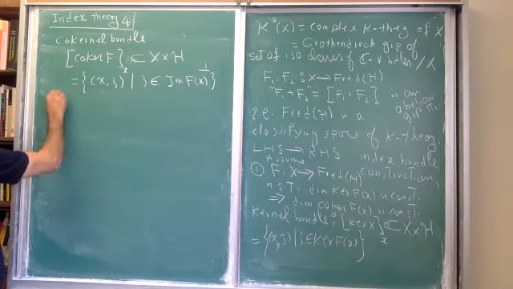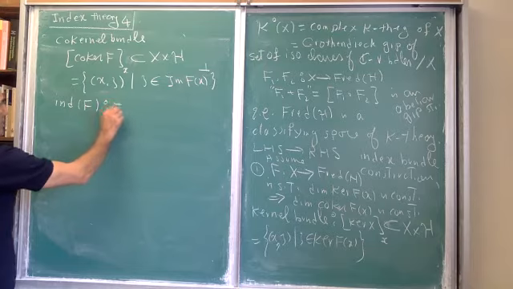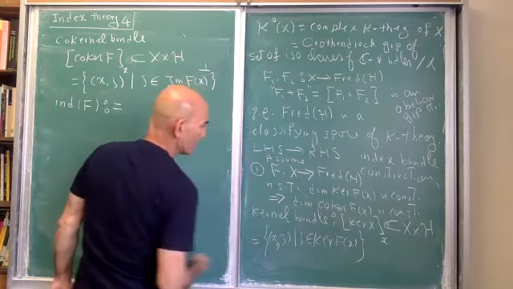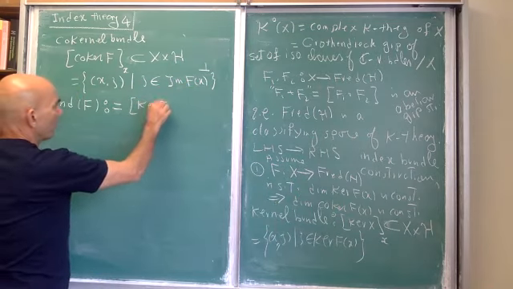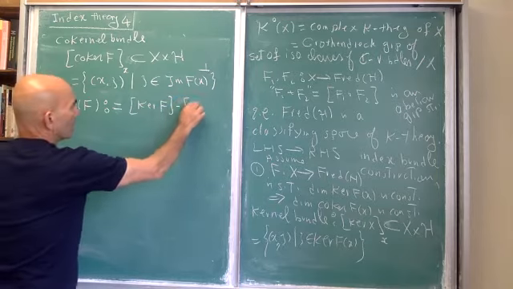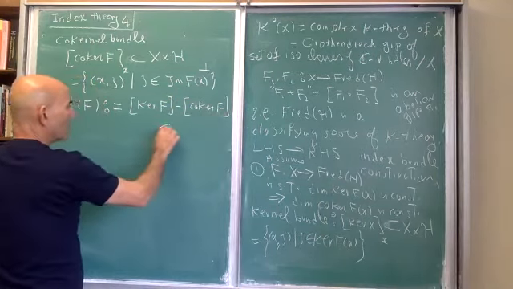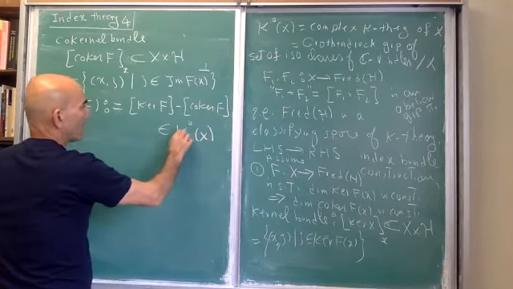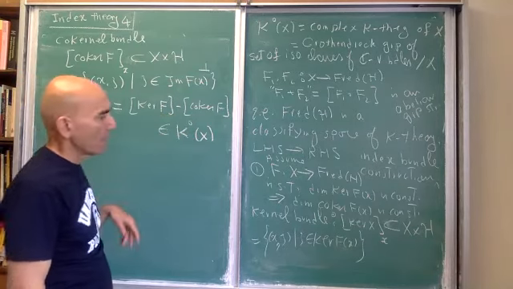So then the index of f, by definition, is the formal difference between these two vector bundles. So this is the kernel of f minus the co-kernel, as an element of K-theory. Because K-theory is just defined as group completion, or Grothendieck group, of these things.